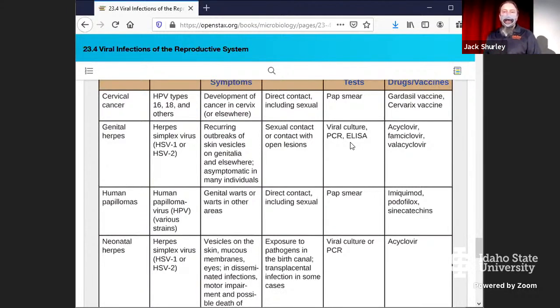Moving over to the next ones, here we're treating, we're not vaccinating, right? Like I said a minute ago, we don't have a cure for herpes. So genital herpes, here we can see type 1, type 2, typically genital herpes is type 2, but it doesn't necessarily matter.